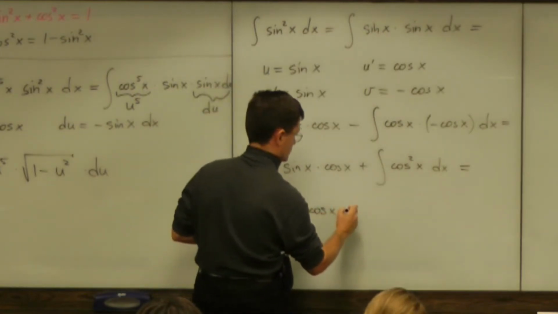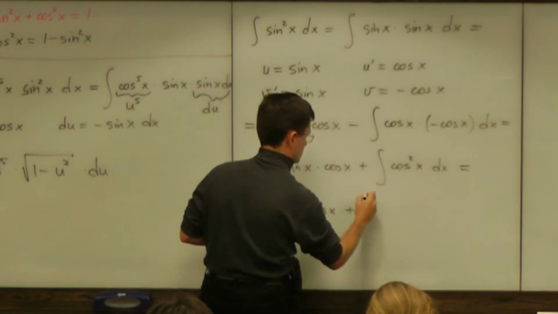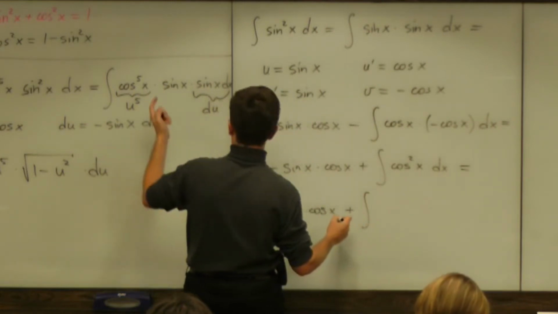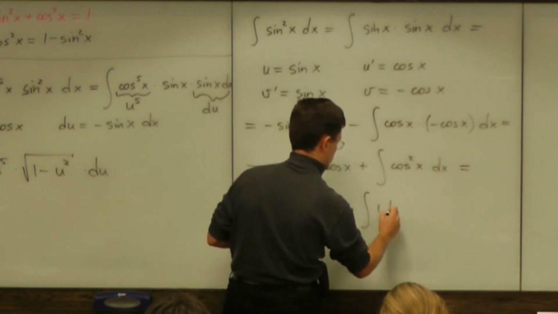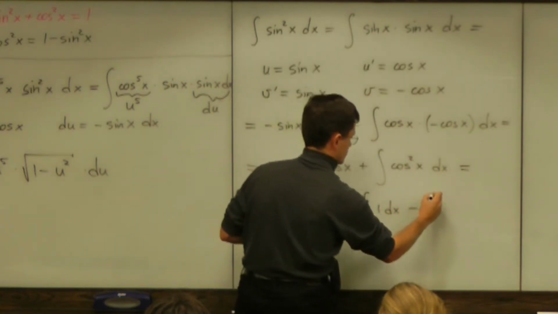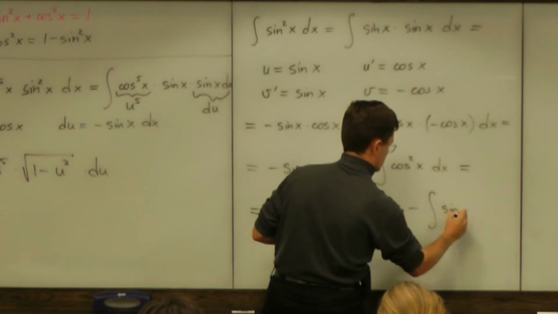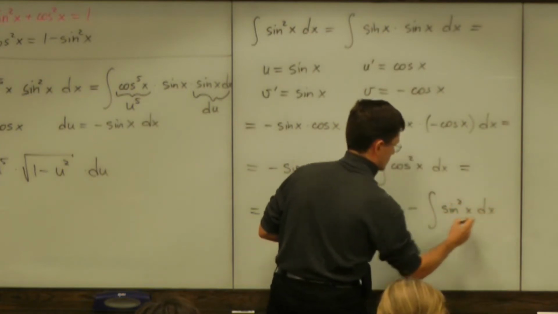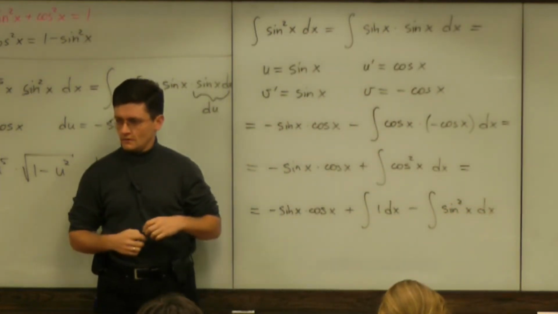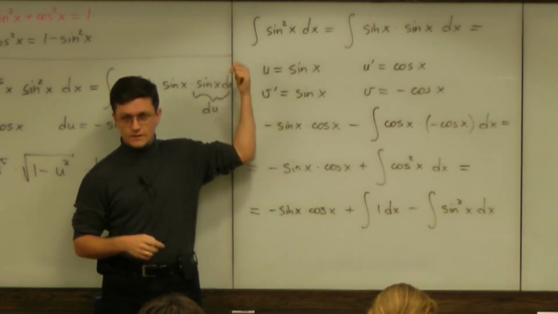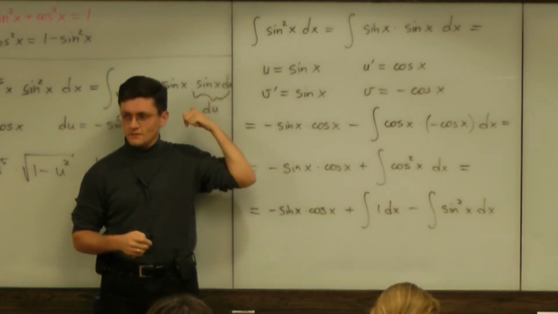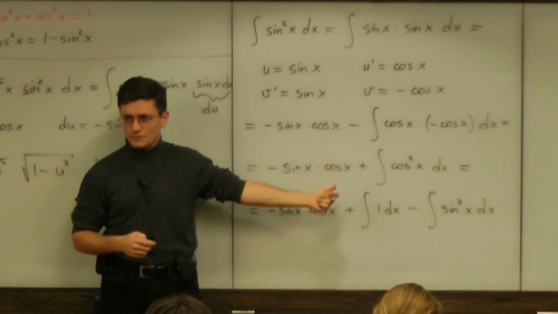And I will have integral of 1, so cosine squared is 1 minus sine squared. I have integral of 1 minus an integral of sine squared. And now what happens is that I'm back to exactly the same thing, right? Which makes me not happy.